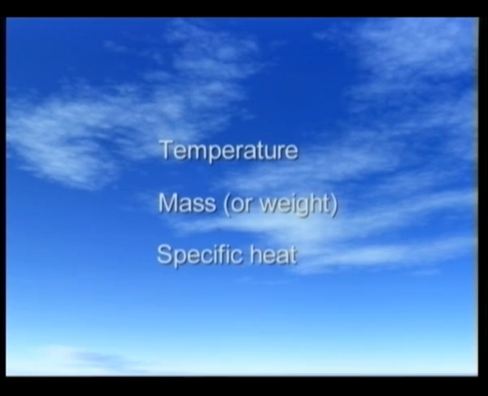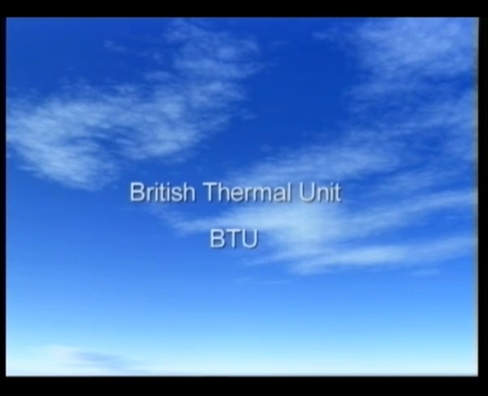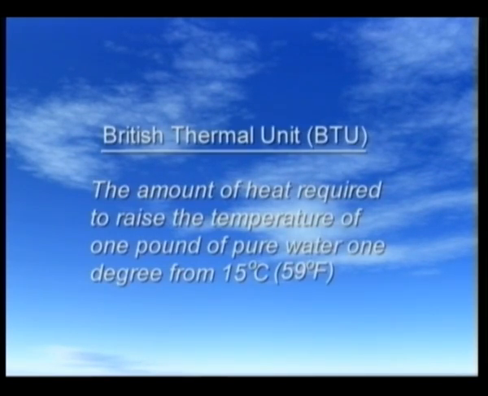Through an internationally agreed arbitrary standard, changes in heat content can be accurately calculated using the English system of the British Thermal Unit, or BTU. 1 BTU is defined as the amount of heat required to raise the temperature of 1 pound of pure water 1 degree from 15 degrees Celsius or 59 degrees Fahrenheit.